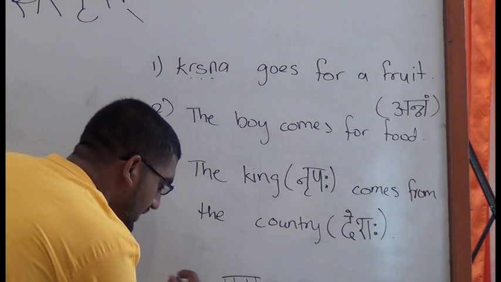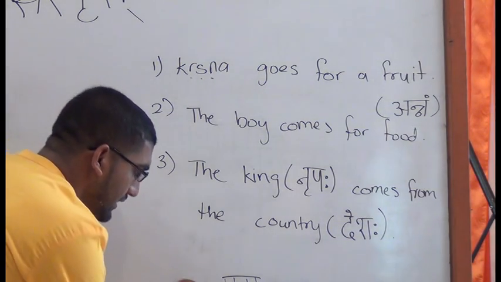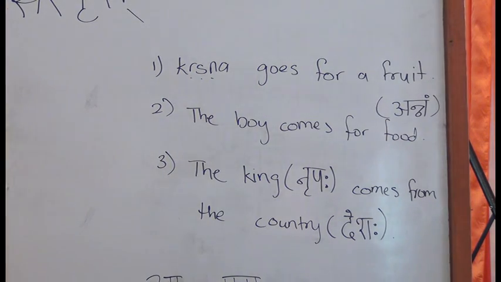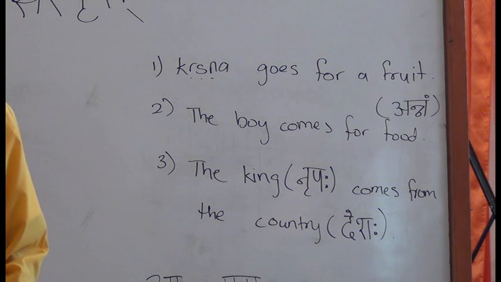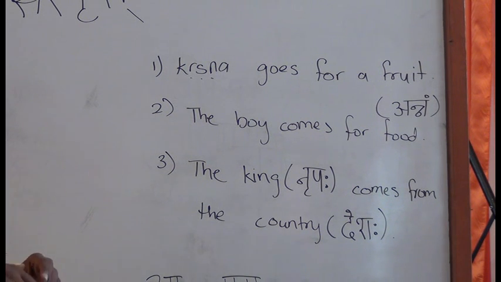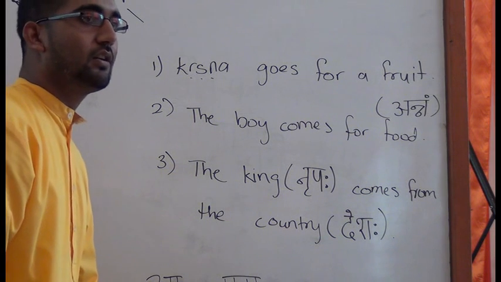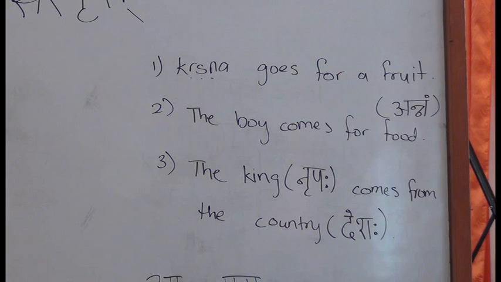Upasargas are simple vowels or one or two letters which are added in front. For example, a. When you see a in front of a verb, it changes it to the opposite. So if you have the word to go, a plus the conjugation makes it to come.